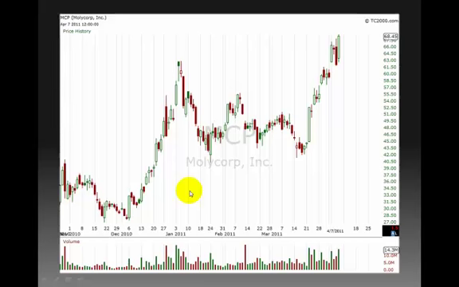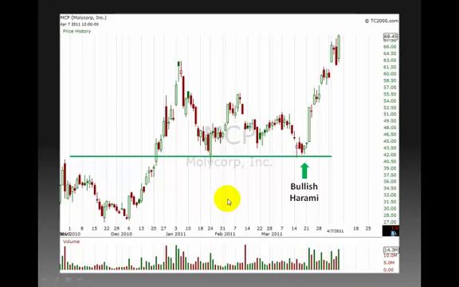Okay, looking at a chart of Molycorp, we've had a nice run up, and I just want to show you how our scans in our system produced a signal to enter this trade long. We found a bullish Harami pattern that formed on horizontal support as well as dynamic support, and actually this pattern was after a couple different days.